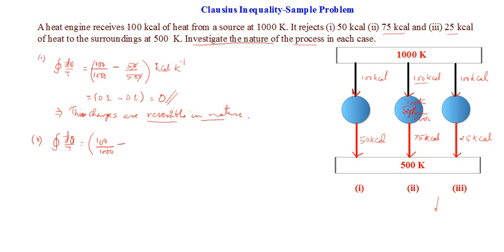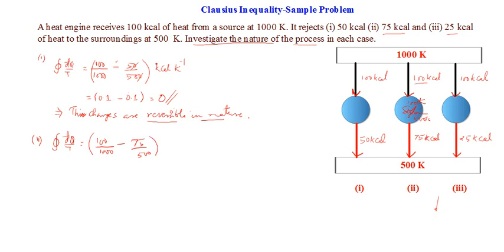So heat leaving the system should be taken as negative. That's why we are putting a negative here. Hope you remember the theory that we discussed in the previous session. So the second term, minus, what is the heat leaving? That is 75. Minus 75 upon, what is the temperature? Again, that is 500. 75 by 500.